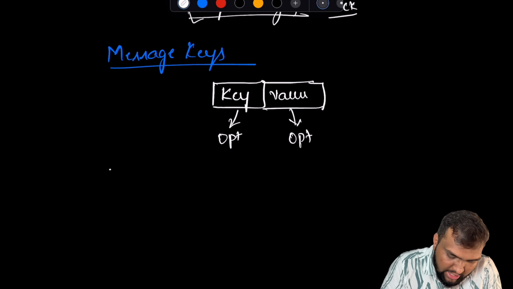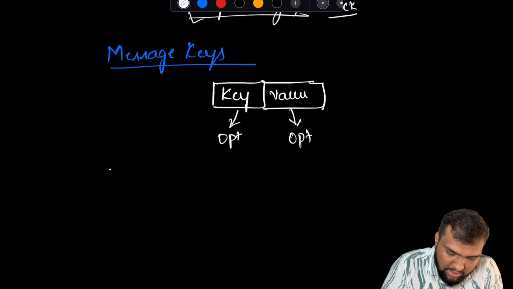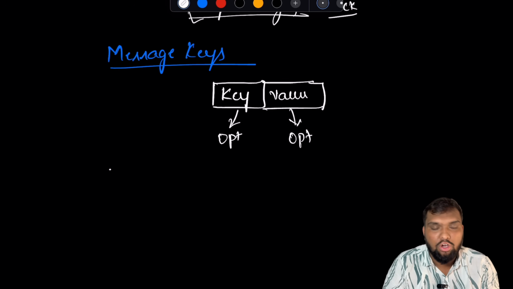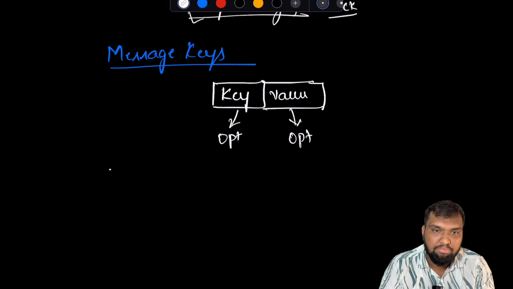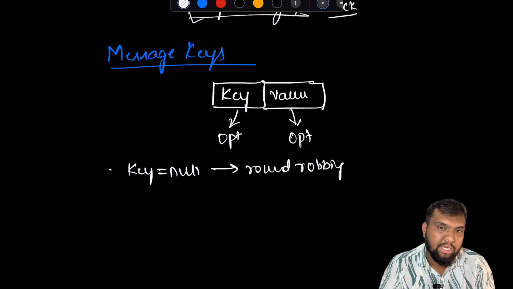So if you're not specifying the key at all, it will take the round robin approach and go to partition P0, then P1 and then P2, and so on.